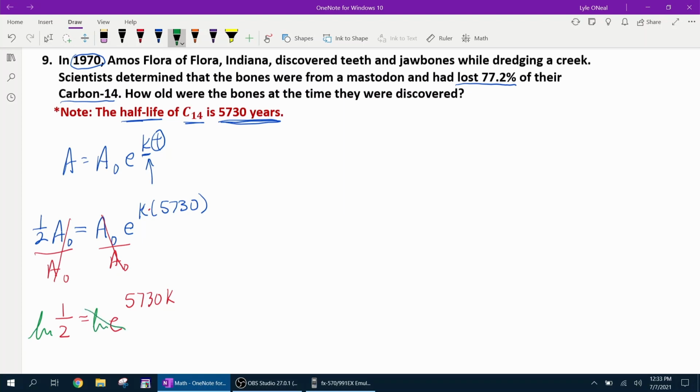Remember, ln and e cancel, and the exponent comes down. So that'll give us the natural log of 1/2 equals 5,730k. And then if we divide both sides by 5,730, we're going to have our decay constant.